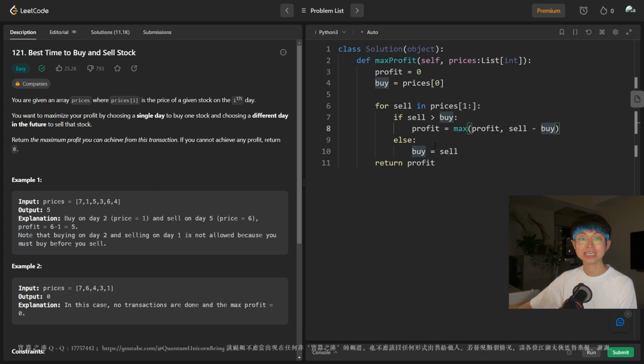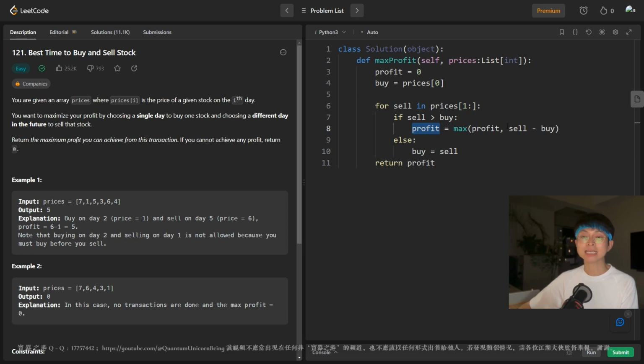And after iterating through all the prices, this line returns the maximum profit that has been calculated. The main idea behind this algorithm is to keep track of the minimum buying price buy encountered so far and continuously update the maximum profit by considering potential selling prices.